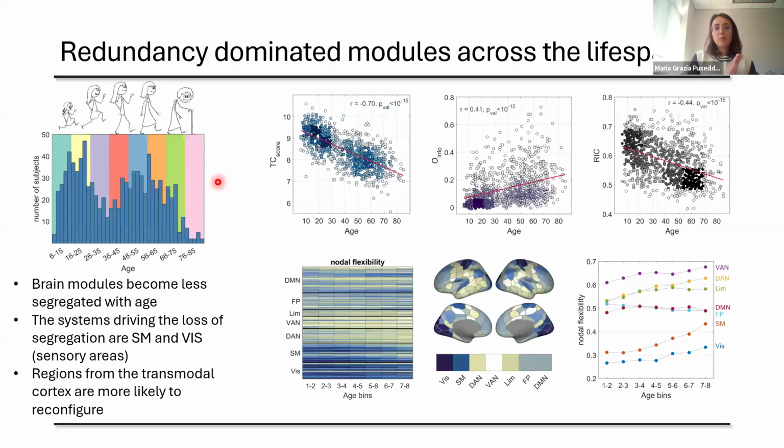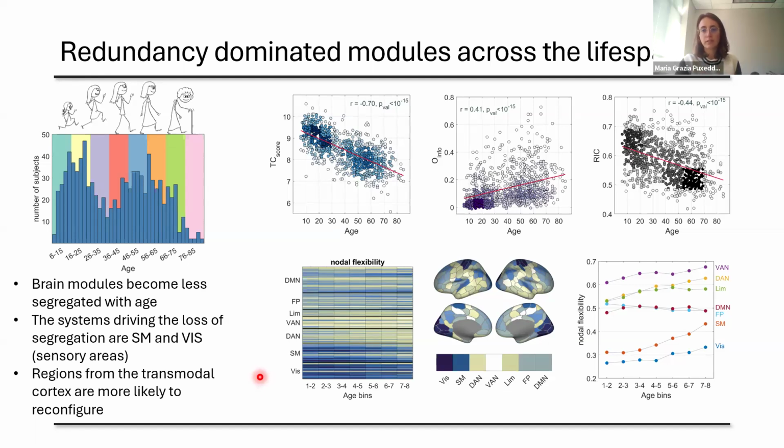And we computed the nodal flexibility, which is how many times nodes change their module assignment across bins. And we found that the regions from the sensory areas, so some of the motor system and visual system, tend to be pretty stable throughout the lifespan.